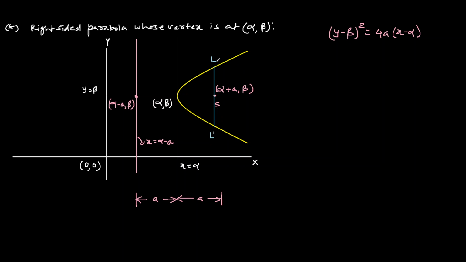So we can write the coordinates of L and L dash as alpha plus a comma beta plus 2a, and alpha plus a comma beta minus 2a. So the length of the latus rectum is again 4a, and the equation of this latus rectum is x equal to alpha plus a.